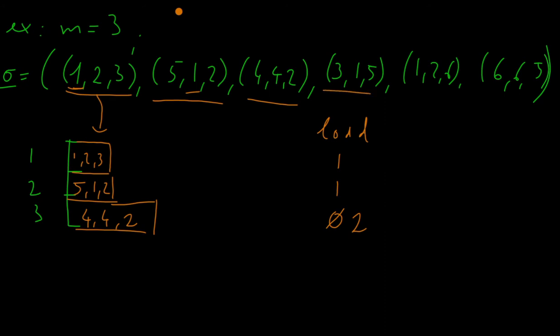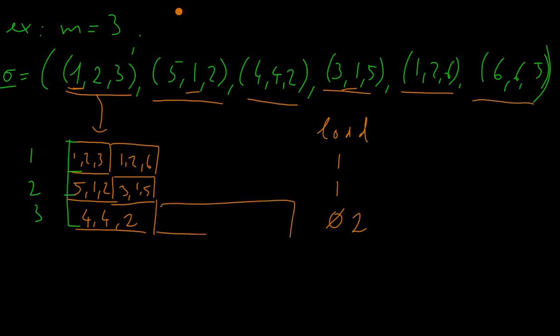And then we have this 3, 1, 5. Since 1 is the smallest one, I can schedule it here, why not? And then this 1, 2, 6 is put here if we run this greedy algorithm. And then we have this 6, 6, 5, which should be put here.